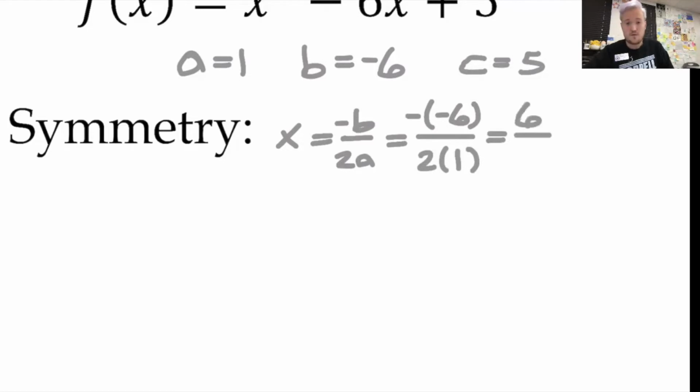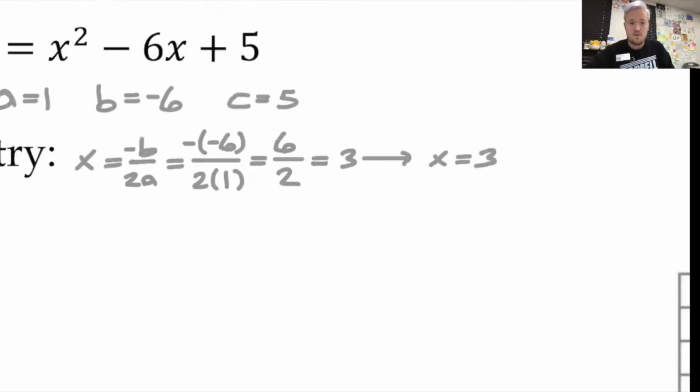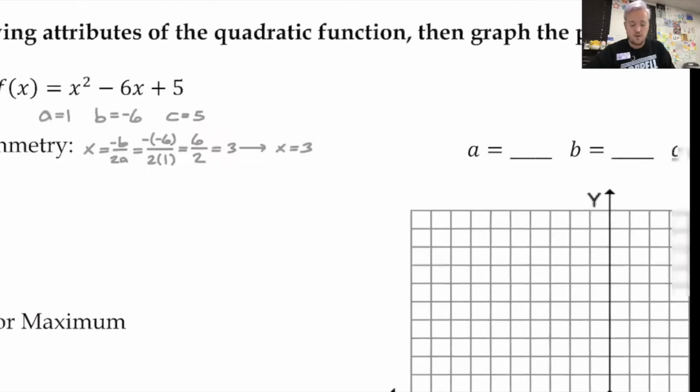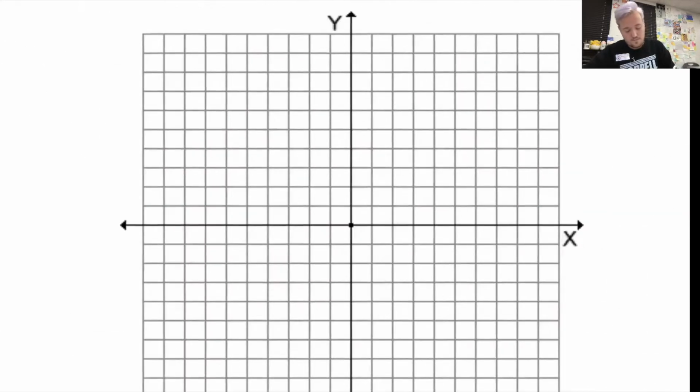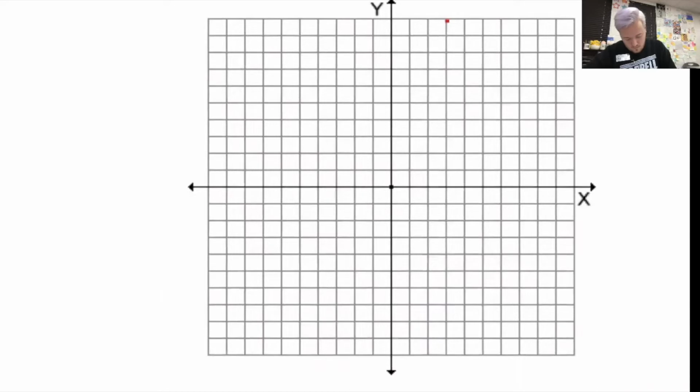So we have a +6 all over 2, which simplifies to 3. So your vertical dashed line here, your AOS, is going to be at 3. I'm going to go ahead and plot that AOS. All right, so there's our axis of symmetry.